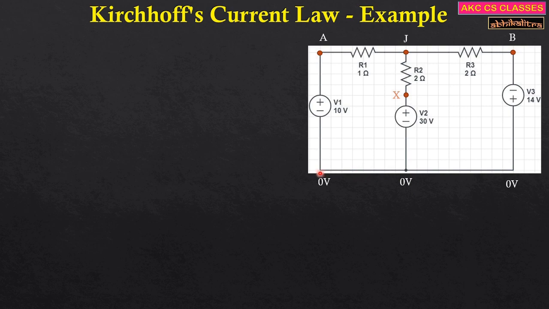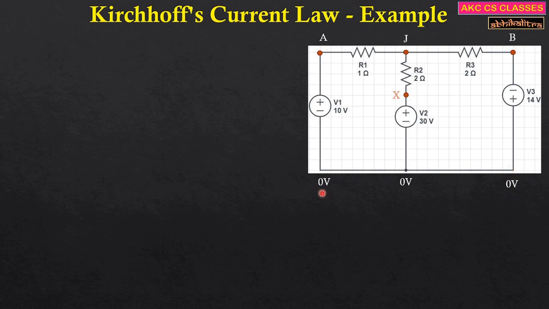Now to the left of this circuit there is no circuit element present in between, so the potential at this point will also be 0 volt. And to the right of this circuit there is again no circuit element present, so the voltage at this point will also be 0 volt.